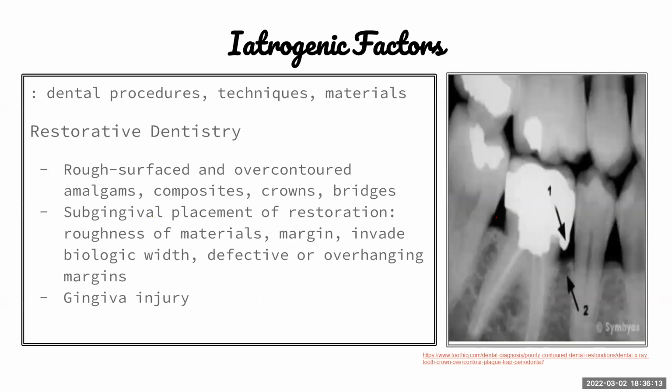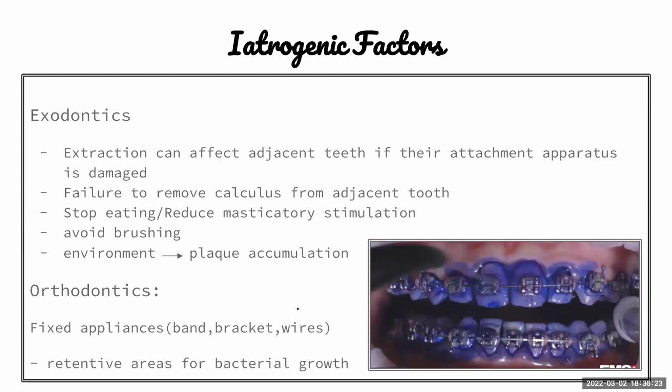Okay, iatrogenic factors. This is an overhang. Gingival injury, okay, is also an iatrogenic factor. Iatrogenic factors, exodontics. That's when an extraction can affect adjacent teeth and the attachment apparatus is damaged.